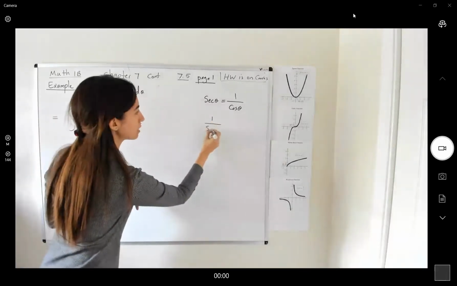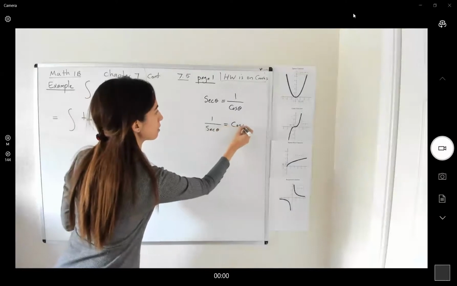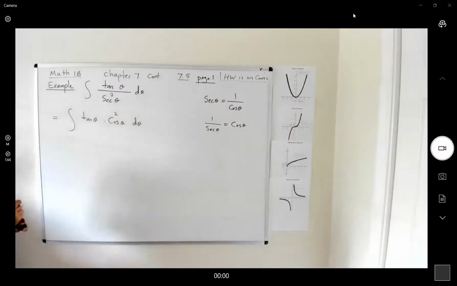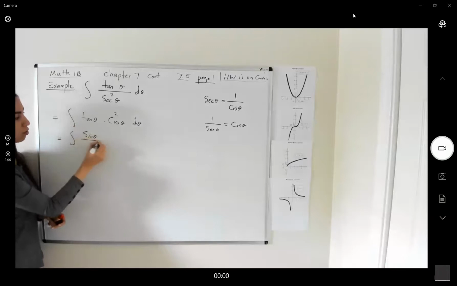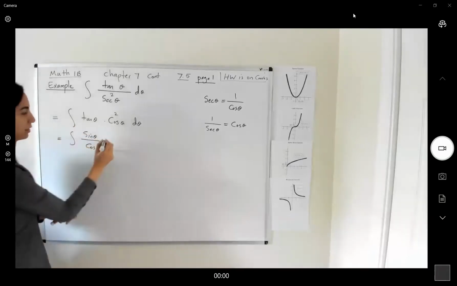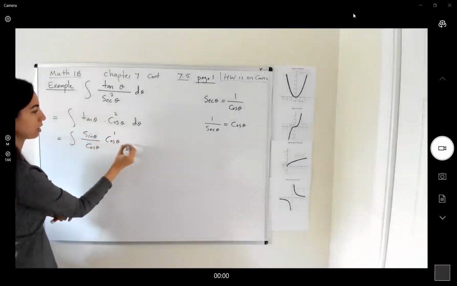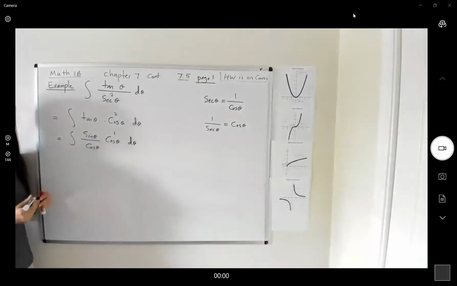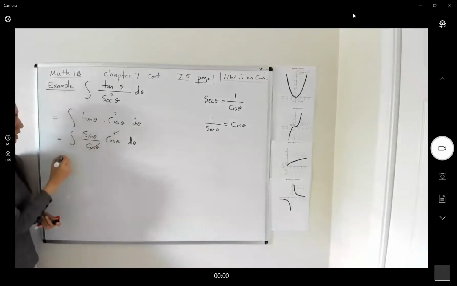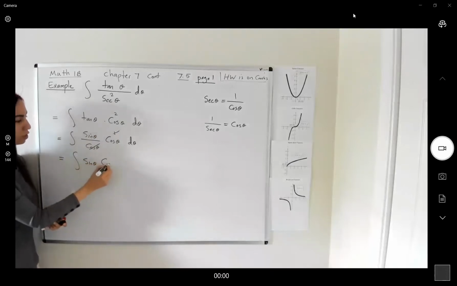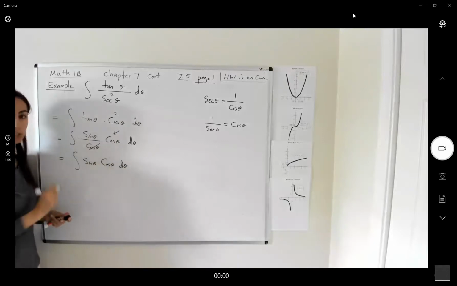I know tangent is equal to sine over cosine theta, times cosine squared theta d theta. So of course I can simplify this. I have cosine and I can get rid of one of the exponents here. Here you have the integral of sine theta times cosine theta d theta.